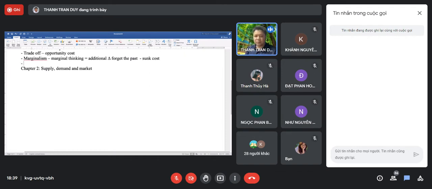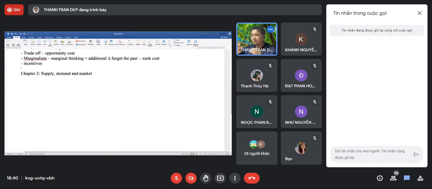The next concept will be incentive. If you watch the video clips about Introduction to Economics by Marginal Revolution University, they say that economics is a study about incentive.